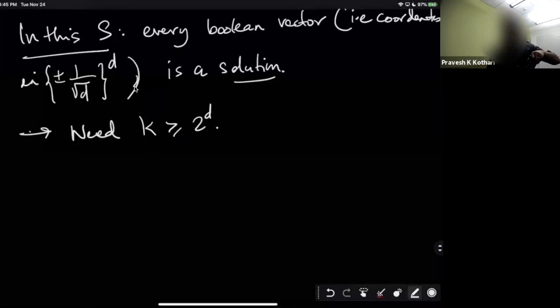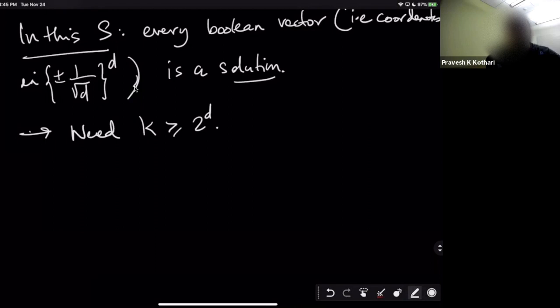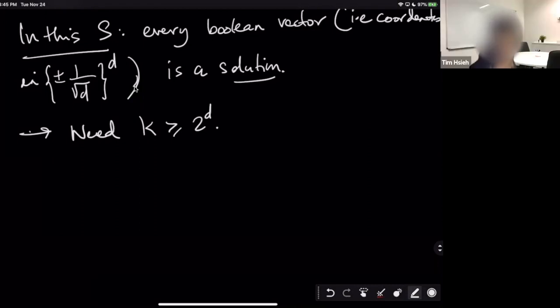So think of alpha as like 0.1, and then construct like 20 copies of E1, 20 copies of E2, and so on. But they can only take plus or minus 1 over root d, the y's. Yeah, in this construction, the y's can only be plus or minus 1 over root d.